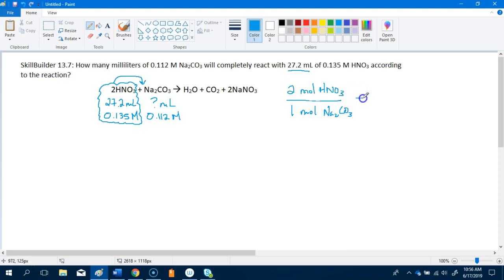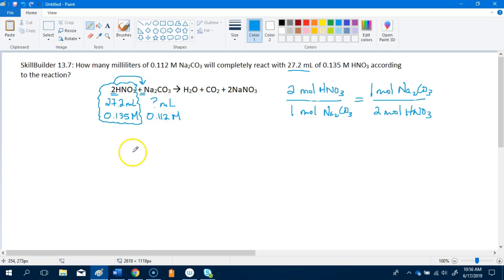Now, this conversion factor I might have to flip depending on what my formula is going to look like when I piece it all together. So it will either be 2 to 1 or 1 to 2 depending on where I need to cancel out, and that comes from the coefficients in front of my reactants here.